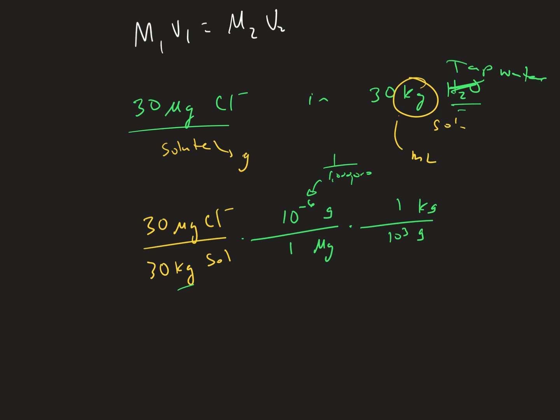The way that you know. And if you don't know, then you better study. We got to know our prefixes from almost day one, and we still need to know them. So now we see that micrograms cancel with micrograms, kilograms cancel with kilograms, and grams cancel with grams. Yay, we're on the right track.